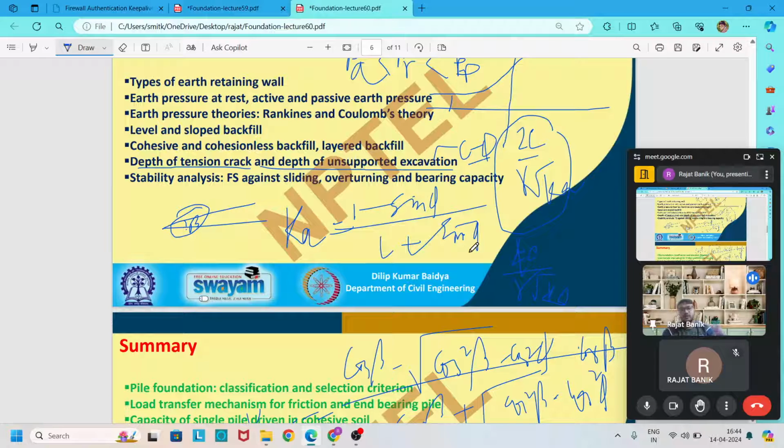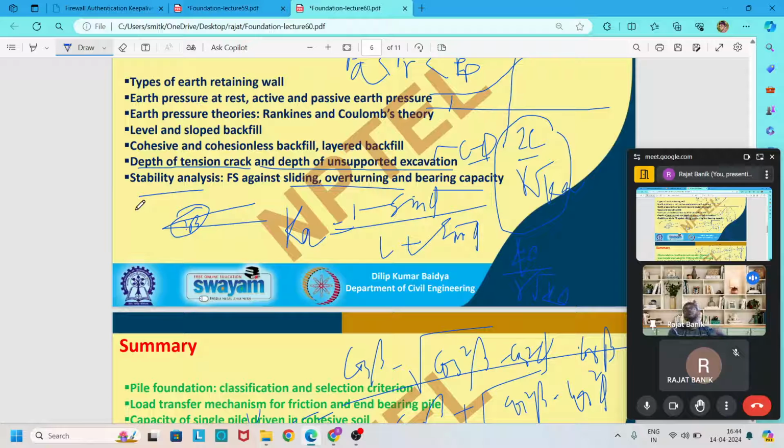Then we also studied the stability analysis against sliding, overturning, and bearing capacity, where we find out the factor of safety against sliding, which is greater than 1.5, factor of safety against overturning, which is greater than 2, I think, and bearing capacity failure.